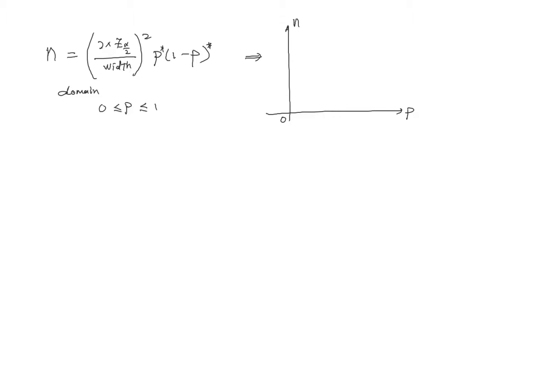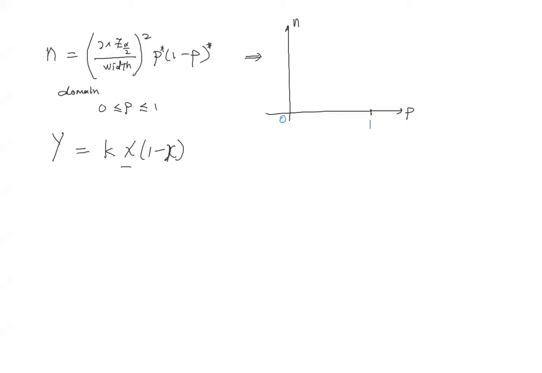When you plot the graph, you find that this is a quadratic equation, y equal to a constant times x times 1 minus x. So this is a quadratic function. It passes through 0 and passes through 1.